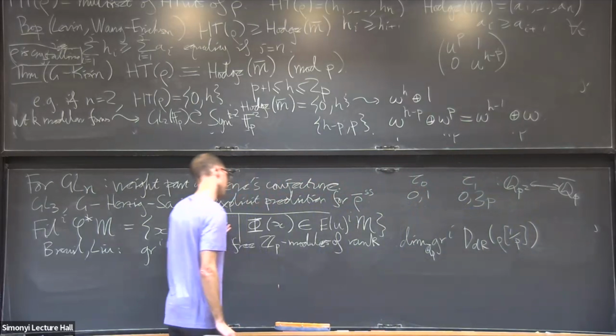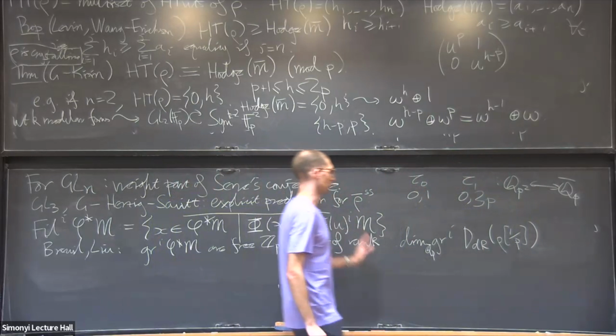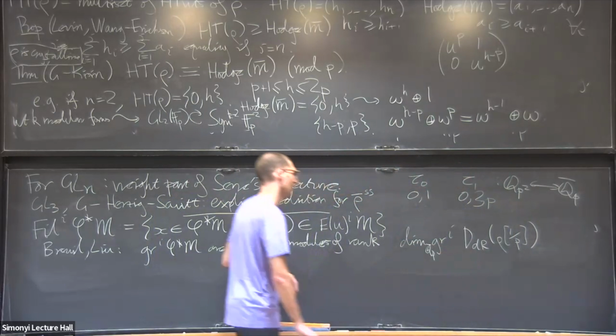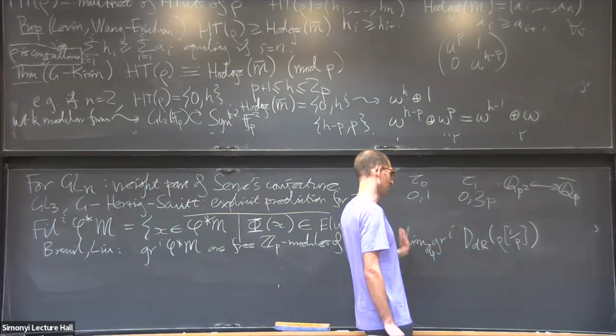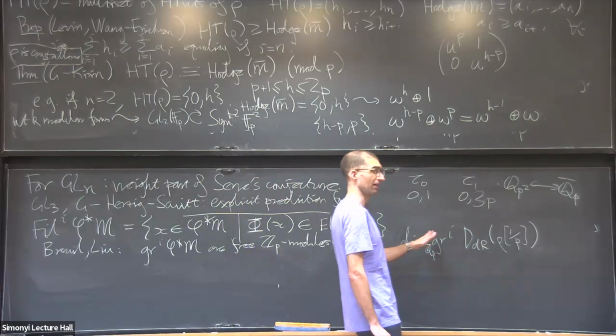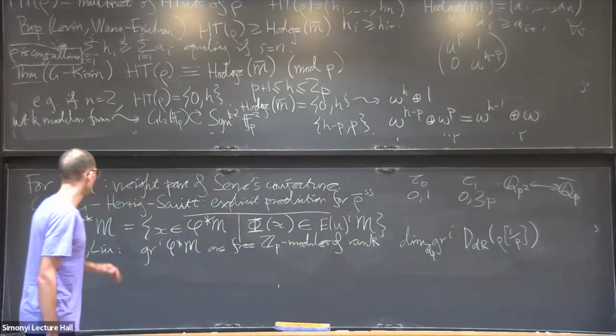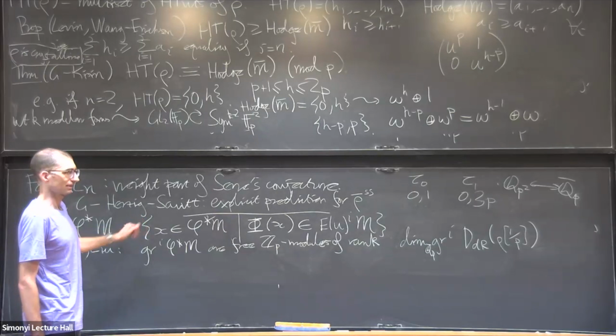It's really the result that when you invert p, this filtration agrees with the filtration here. But in particular, these are just determined by the Hodge-Tate weights. It's something like the sum of the number of Hodge-Tate weights less or equal to i. So this filtration knows about the Hodge-Tate weights.